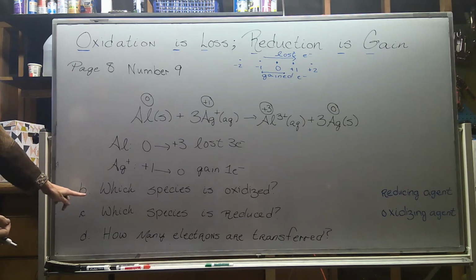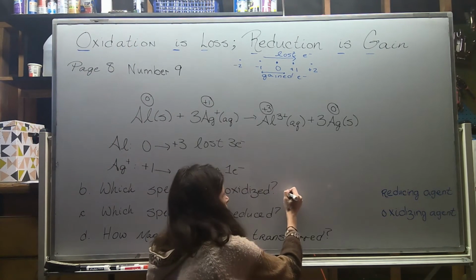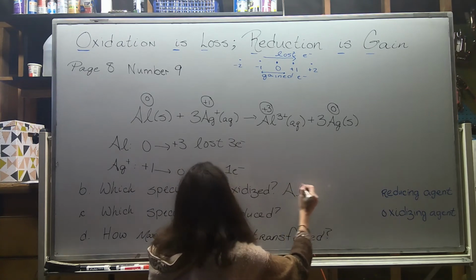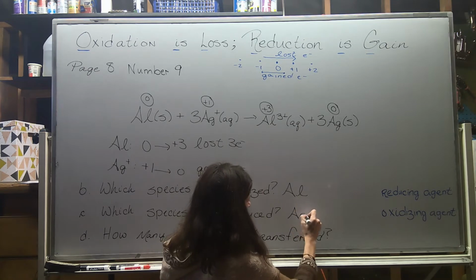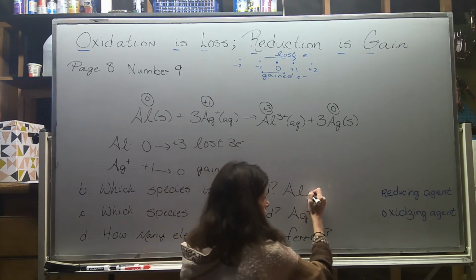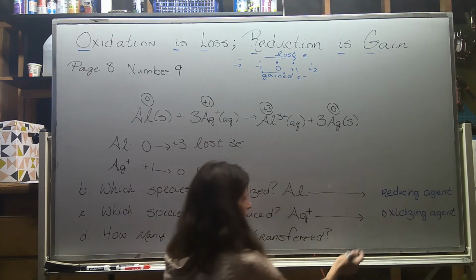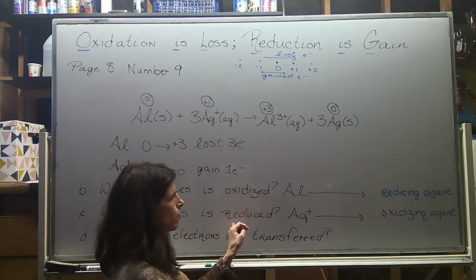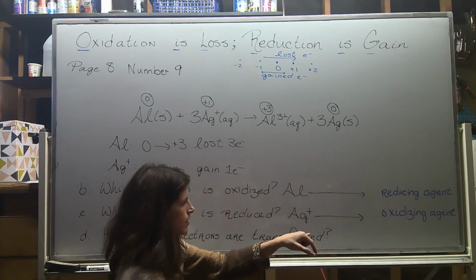Which species is oxidized? Oxidation is loss, so that's going to be my aluminum. And then which species is reduced? That's going to be my silver ion because it gained an electron. Agents are opposites, so my aluminum is the reducing agent. And since the silver ion was reduced, it serves as my oxidizing agent.